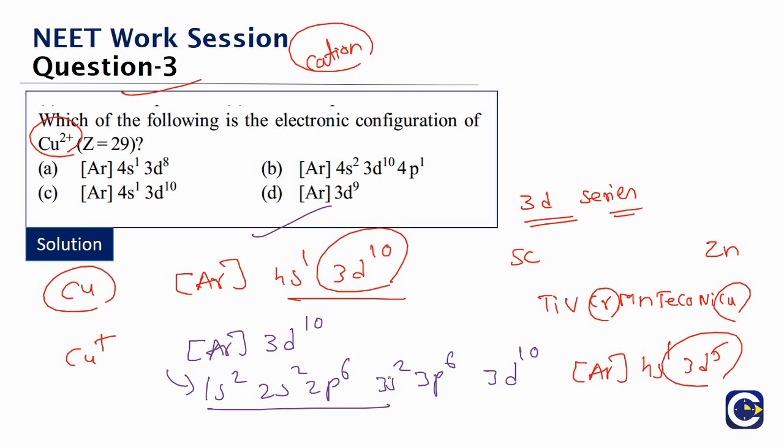So here, if you want to remove one more electron from copper plus, that is when we can form copper 2 plus. We have to remove electrons from the outermost shell. Now what is the outermost shell here? It is the third shell, because there is no fourth shell now, there is only the third shell. So when we are removing an electron from the third shell, what is the preference?